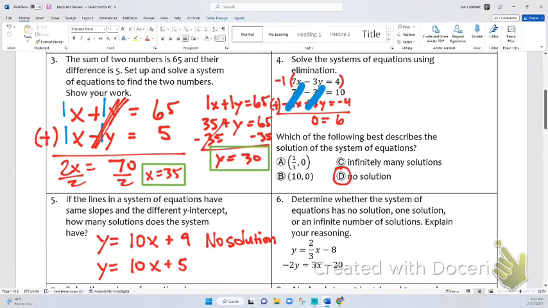There are no solutions. Number 6, determine whether the system of equations has no solution, one solution, or infinite number of solutions. Explain. So before we do anything, this first one is already in y equals mx plus b form, also known as y-intercept form. The second one is not. So before I do anything, divide by -2. Whatever you do to one side, you do to the other side.